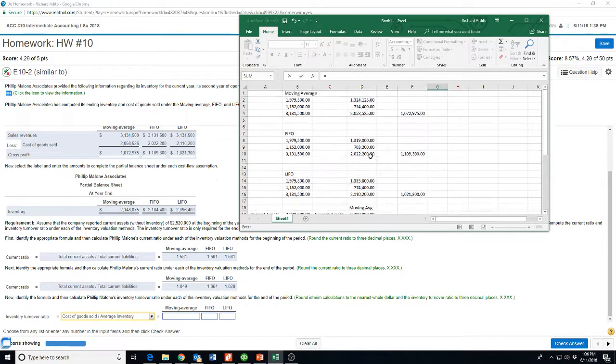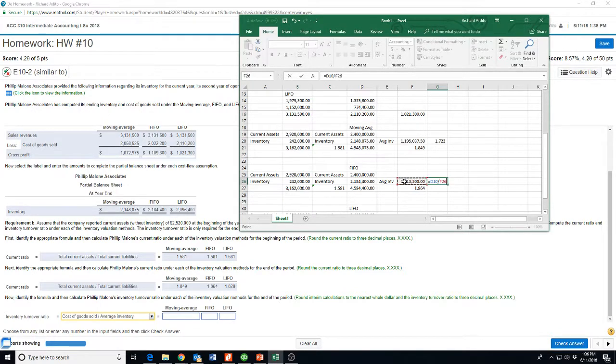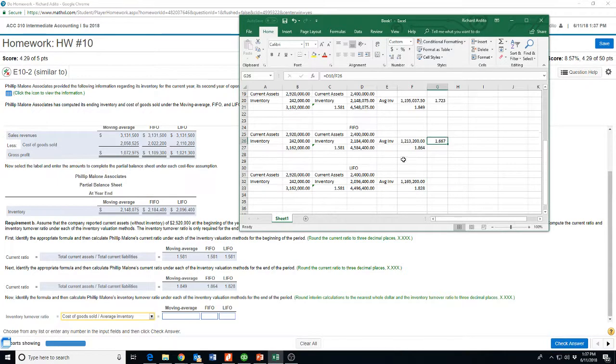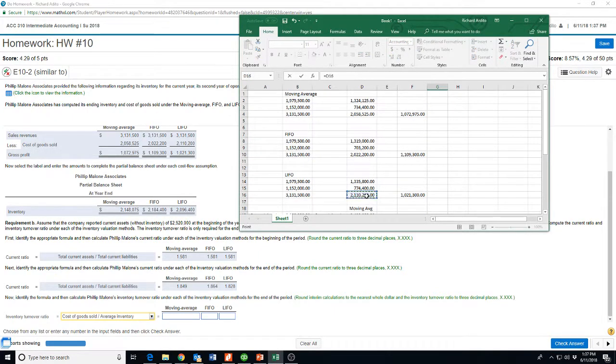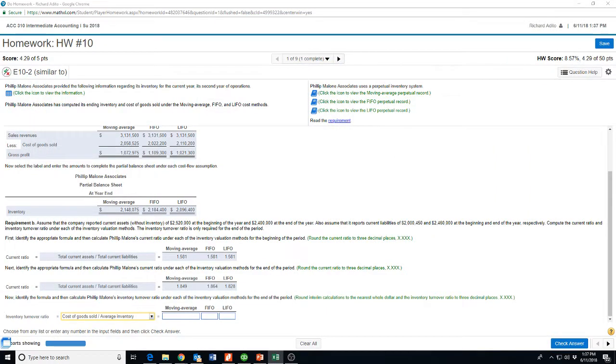So cost of goods sold for FIFO divided by average inventory. Wrong one, sorry, 3 decimals. And then one more time: cost of goods sold for LIFO divided by average inventory. Okay, so we have 1.723, 1.667, and 1.805.